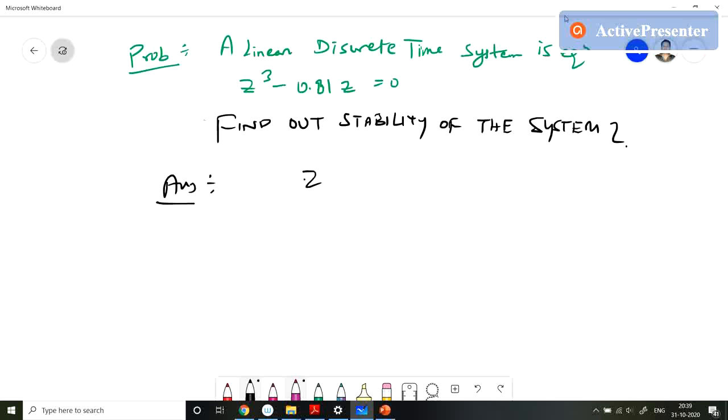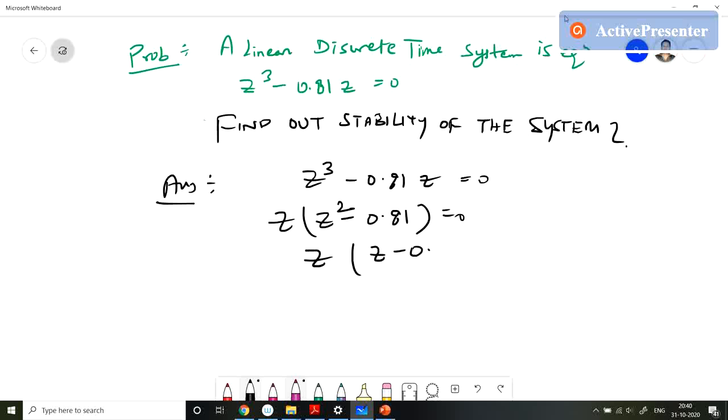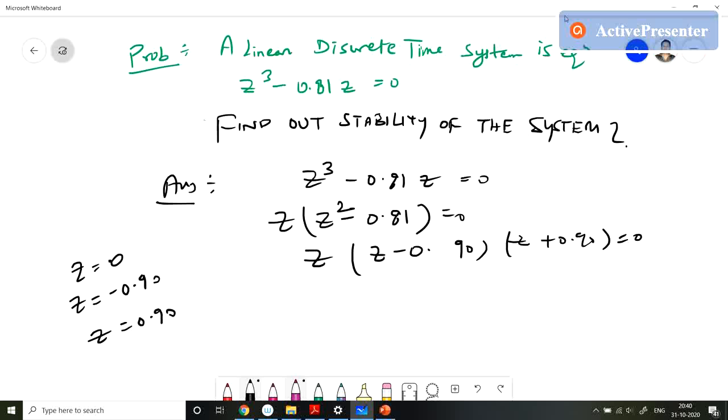The characteristic equation is z cube minus 0.81 z equals 0. If we take z common, it is z square minus 0.81 equals 0. Then (z minus 0.90)(z plus 0.90) equals 0. So we have z equals 0, z equals minus 0.90, z equals 0.90.